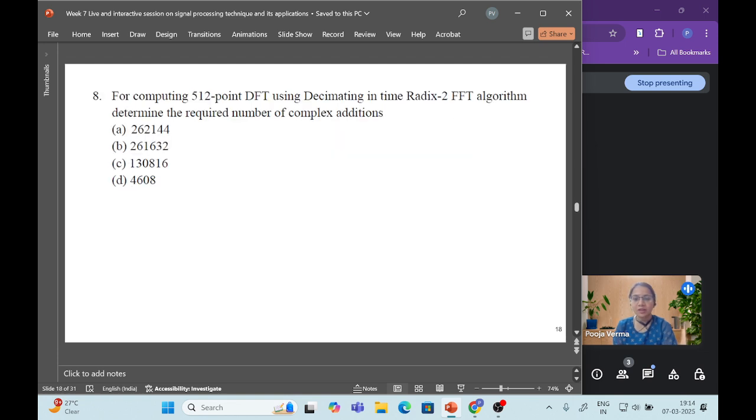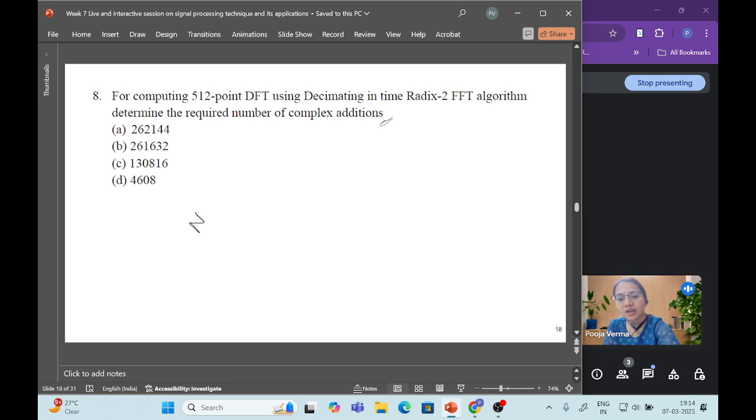Now the next question is: for computing a 512 point DFT using decimation in time radix-2 FFT algorithm, determine the required number of complex additions. How many complex additions are required?